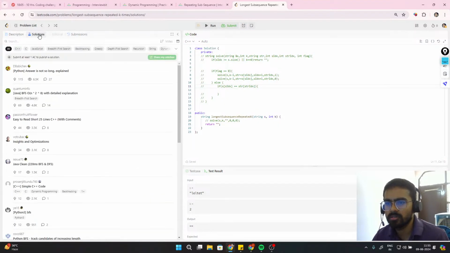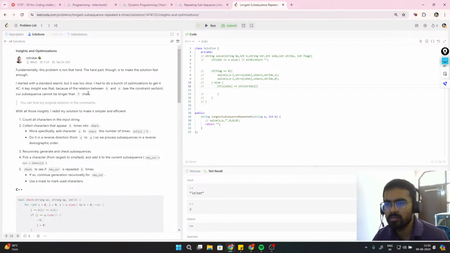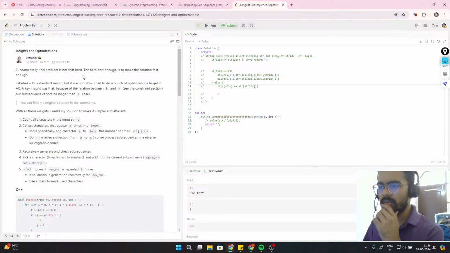Maybe I'll check the solution. Answer is not so long. Insights and optimization. Fundamentally, this problem is not that hard. The hard part though is to make the solution fast enough.